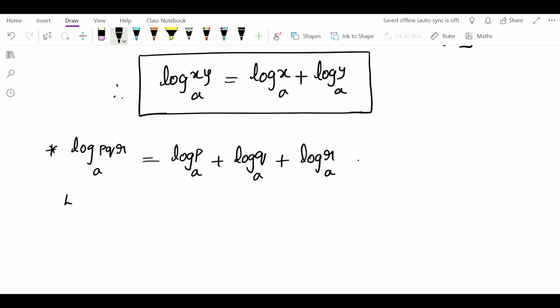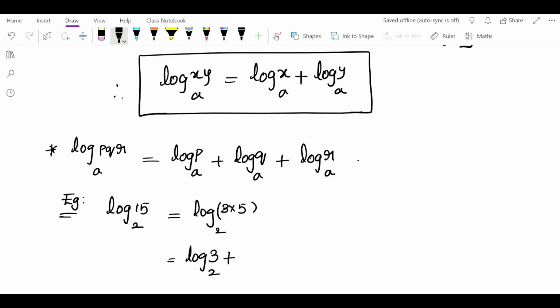For example, log 15 base 2. What is the value of log 15 base 2? This 15 can be written as 3 into 5, base 2. So this is in the form of log x into y base a, which can be converted into log x base a plus log y base a, that is, log 3 base 2 plus log 5 base 2.